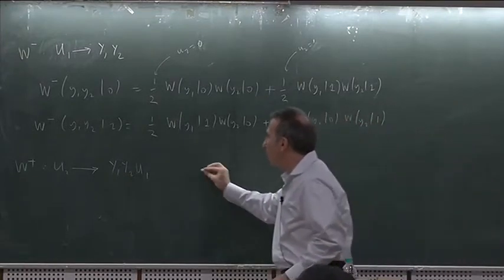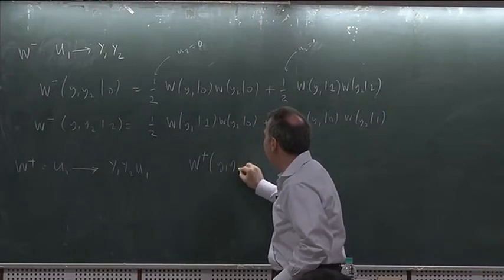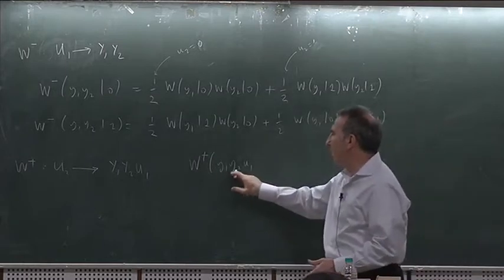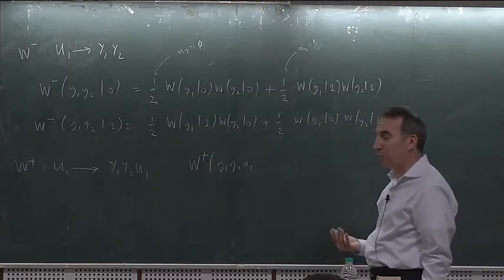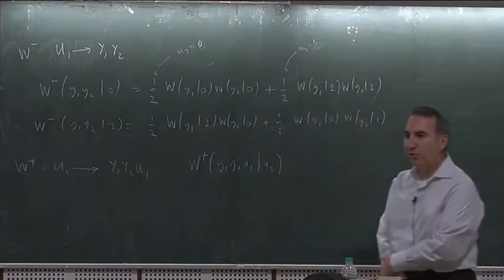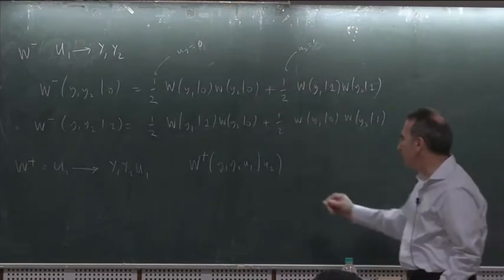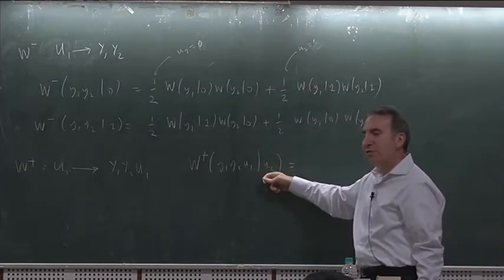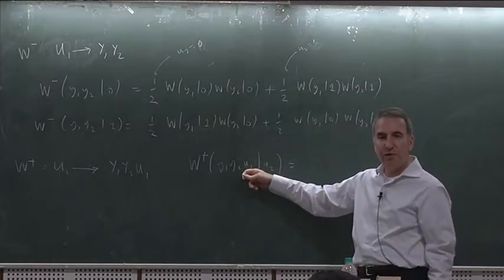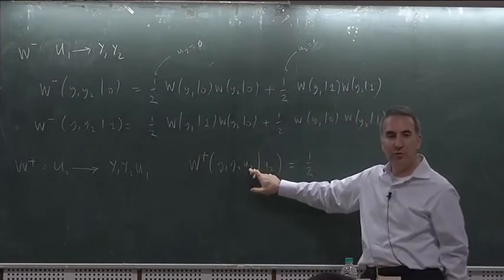So if you ask, for example, what is the probability of observing at the output of this W plus channel a particular combination y1, y2, and u1, given the input is a particular value u2, I'm not going to write this in zeros and ones. I'm going to say, given that you have the u2, the u1 that you receive here can be anything. So it is half, regardless of the particular value of u1.